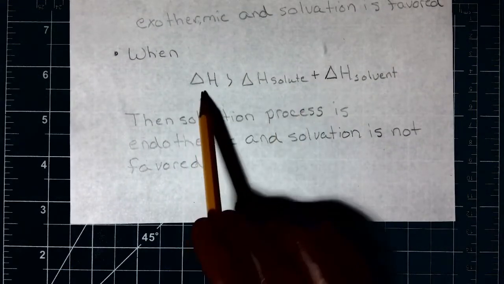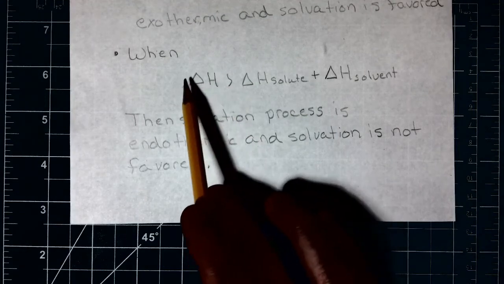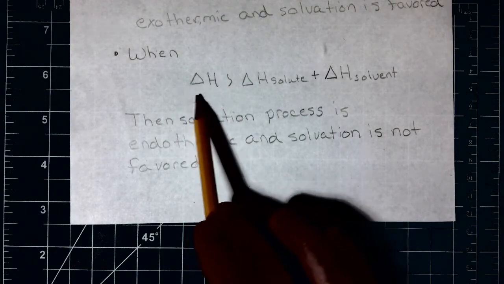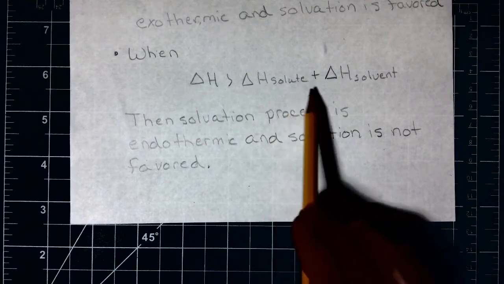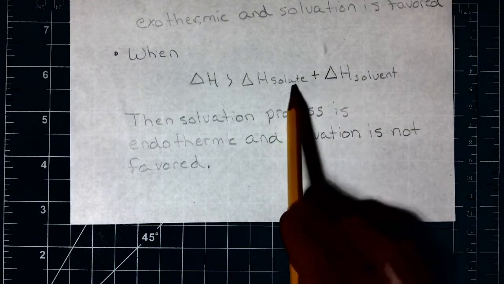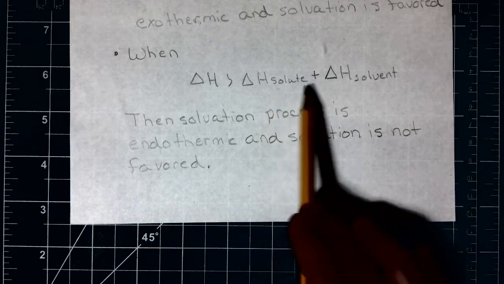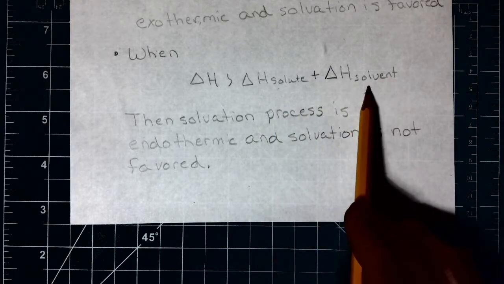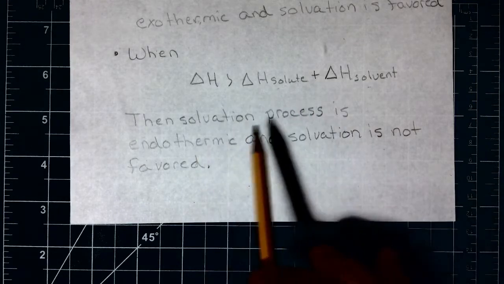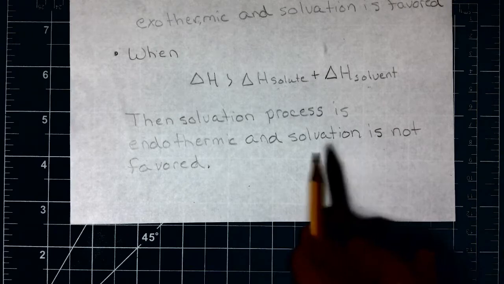And similarly, if the interaction between the solute and the solvent is not as powerful as the solute-solute interaction or the solvent-solvent interaction, well, this solute is just going to continue to prefer to interact with other solutes, and the solvent's just going to continue to prefer to interact with other solvent, and then the solvation process is not favored.